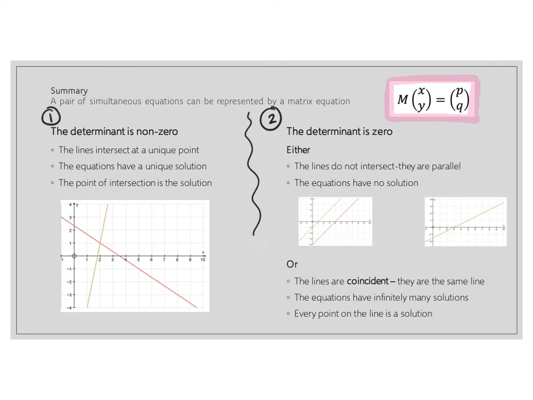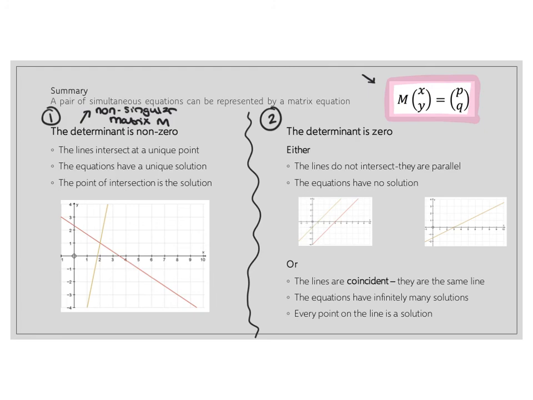Let's look at the first possibility on the left-hand side. If the determinant is non-zero, then of course, you have a non-singular matrix M in this matrix equation over here.